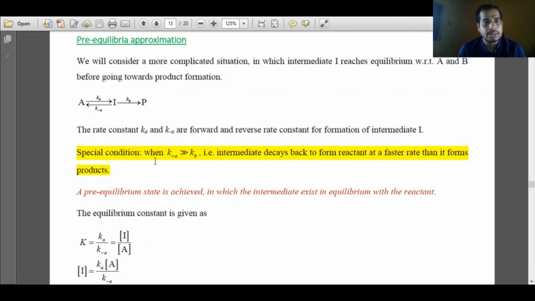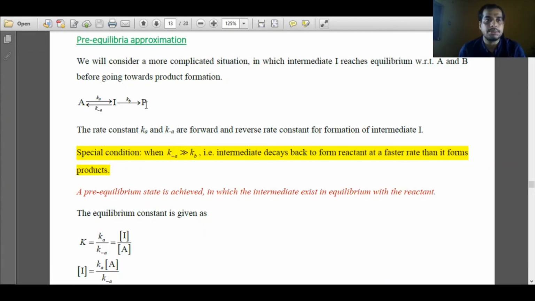Otherwise, I can also write the reverse rate, that is, the rate constant at which intermediate I forms reactant A is higher compared to the rate constant at which the intermediate forms product P.